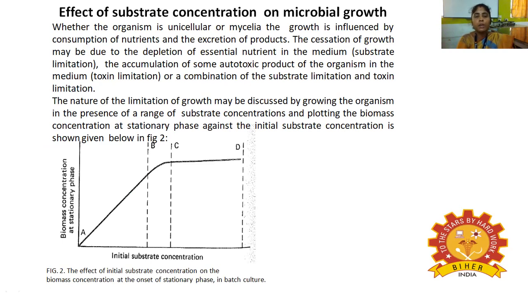The product is formed only in the stationary phase, which means the cessation of growth, the stopping of the growth phase. The growth stops when the nutrient has been entirely utilized by the microorganism. So the stoppage of growth is due to the depletion of the nutrients provided in the medium as the substrate.